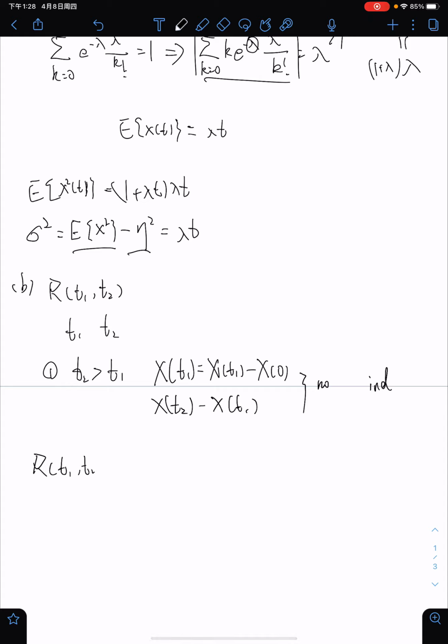R(T1, T2), we write it as the definition, the expected value of X(T1) times X(T2). Here we will use some trick.